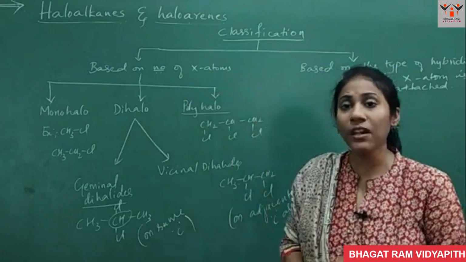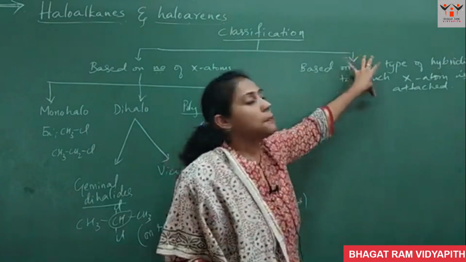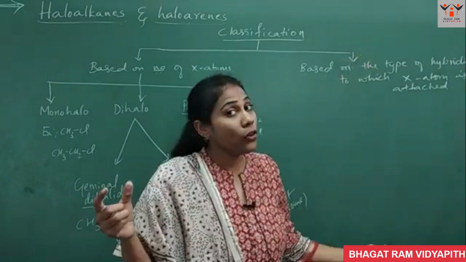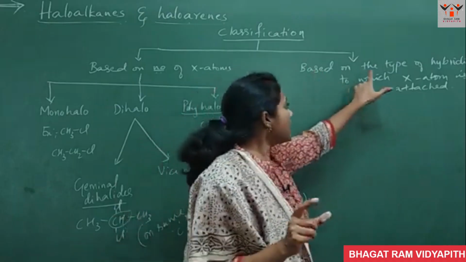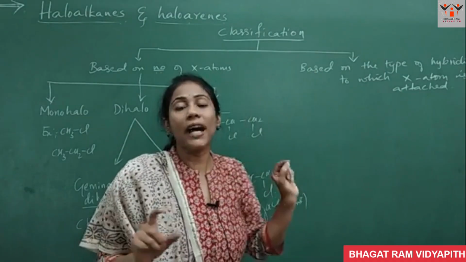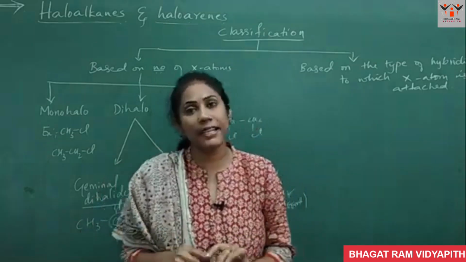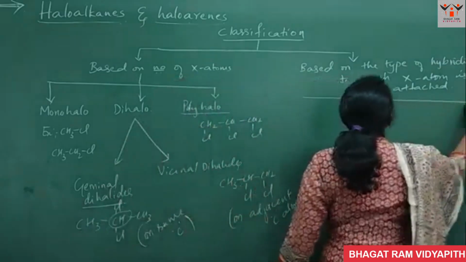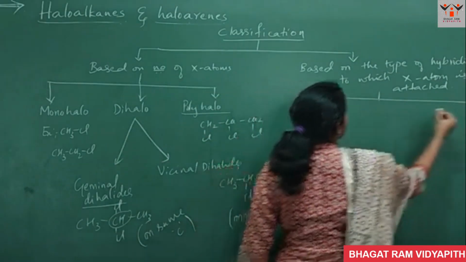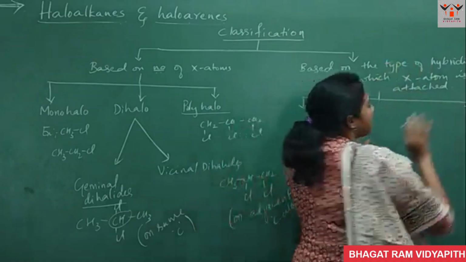Now let us go for classification based on this particular theme. On what basis is the classification now? It is based on the type of hybridization of the carbon atom to which halogens are attached. Here again we can have two categories. Based on this concept, we have two types.